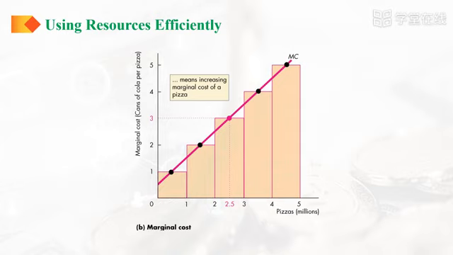The red curve that passes through those dots, labeled MC, is the marginal cost curve. It shows the marginal cost of a pizza at each quantity of pizzas as we move along the PPF.